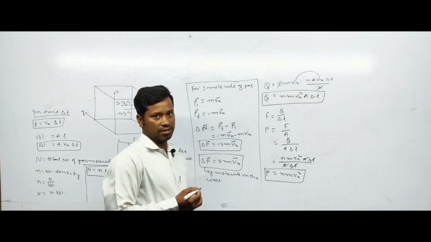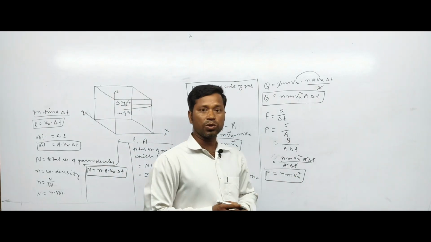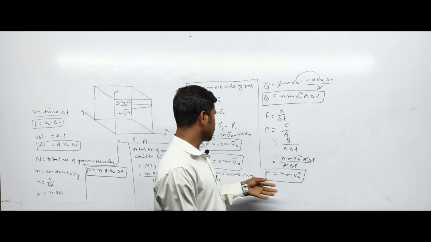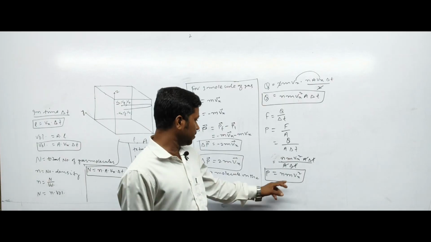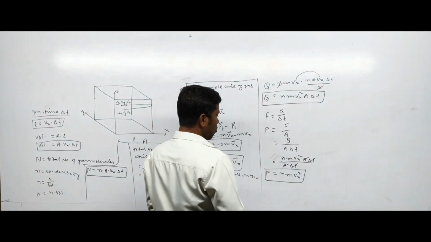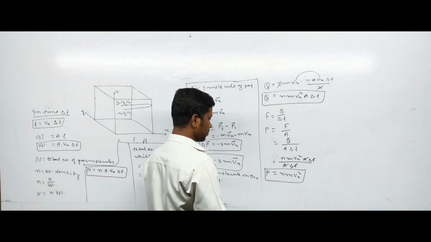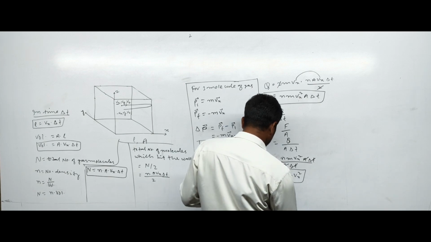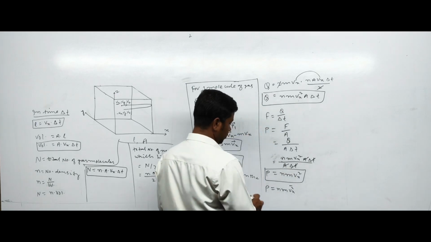But this is not the final result. Here Vx is not the same in every direction, or you can say Vx is not the same along x, y, z; in different directions Vx is different. So we will take the average value of Vx square. Therefore, this result becomes small n m Vx square bar.